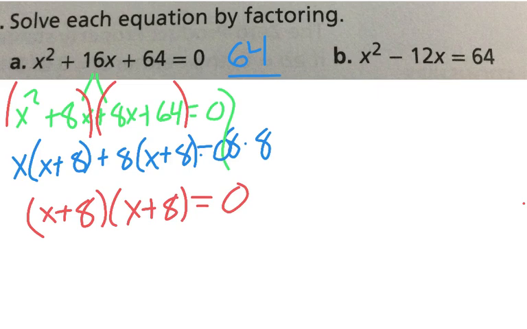I have got options, like I said. The first, you could just leave this like it is, and you could say, two things multiply together to give me 0. That means either the first one is 0 or the second one is 0. They are the same.